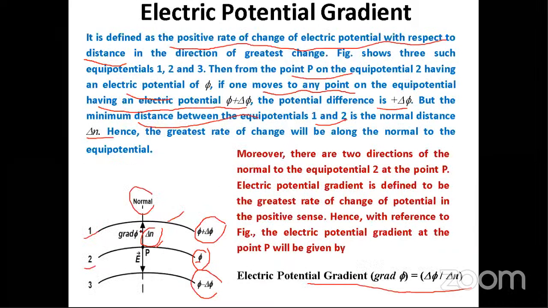Here you see, if you move from 1 to 2 instead of 2 to 1, there is a potential drop, and that potential drop is del phi. And what is the distance between these two potential points? That normal distance is del n.